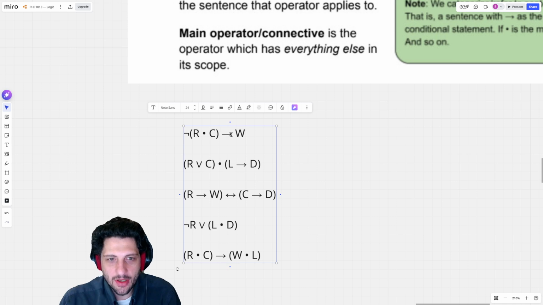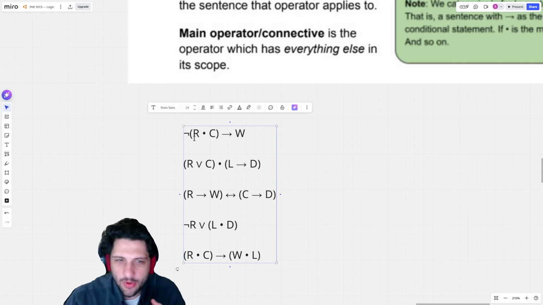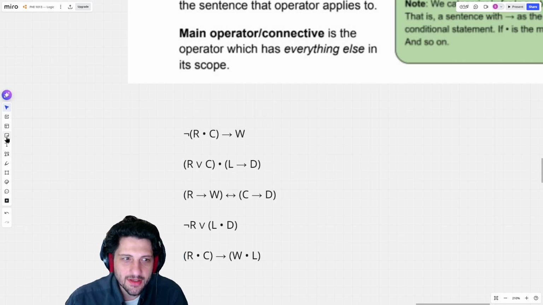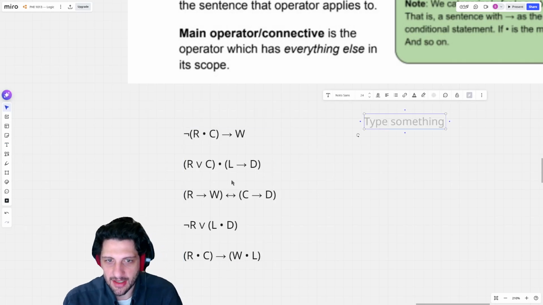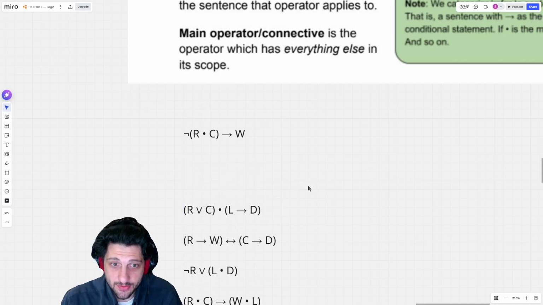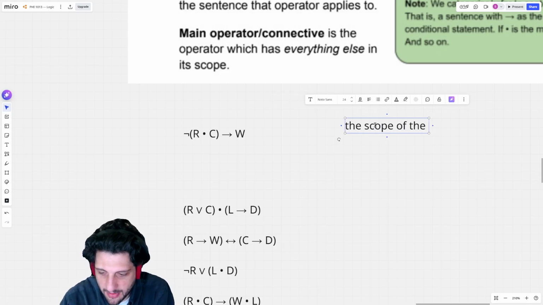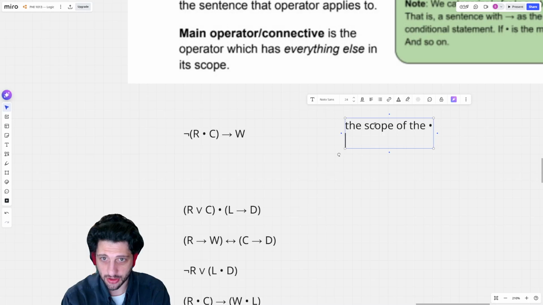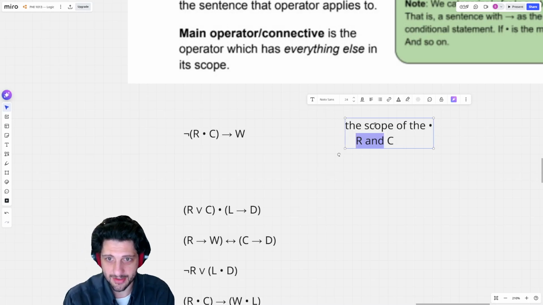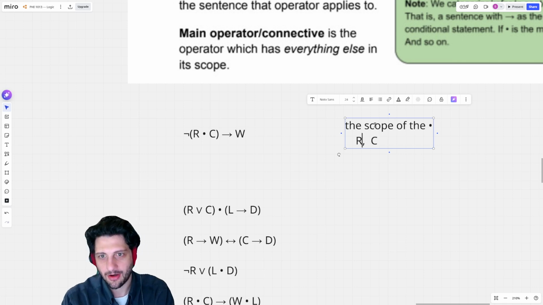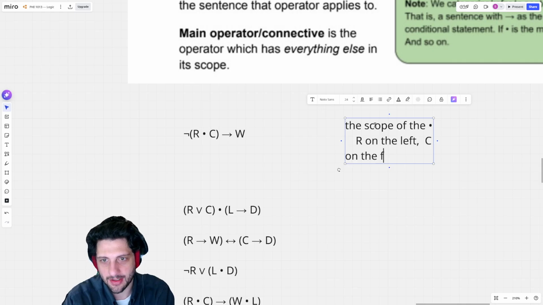And then we said, okay, if this whole left side, then this right side. So the point is, if we asked for the scope of this first statement itself, let me maybe add some spaces. The scope of the conjunction is R and C. To not confuse it, I'll do R comma C. R on the left, C on the right.